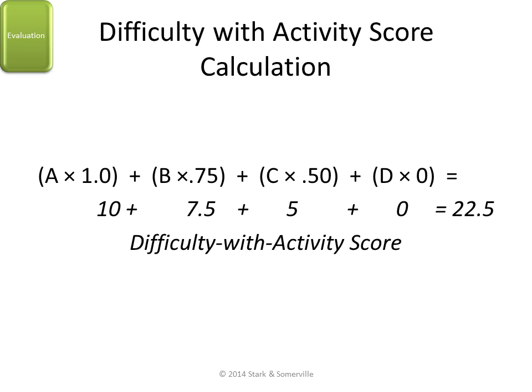And so you're going to multiply the number of activities that they had in each of those columns by the corresponding score. So in this example, where we had 10 in each of the columns, we have a score of 10 plus 7.5 plus 5 plus 0 for an overall score of 22.5, and that's your difficulty with activity score.